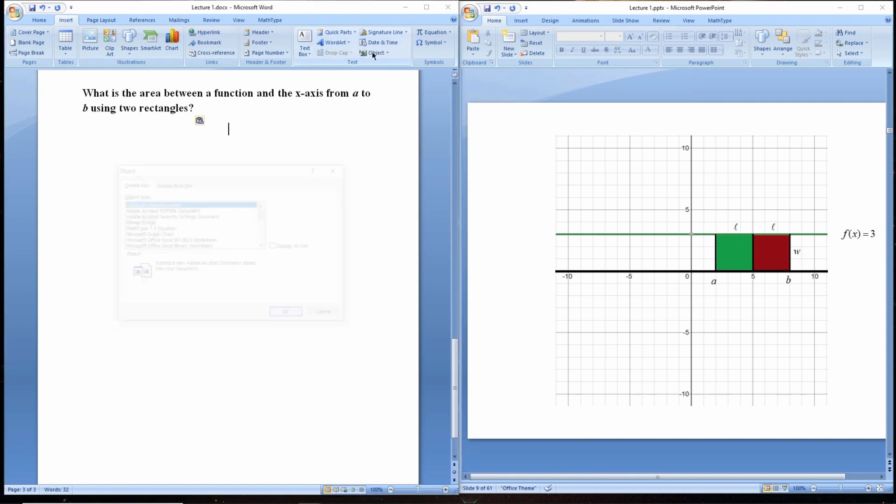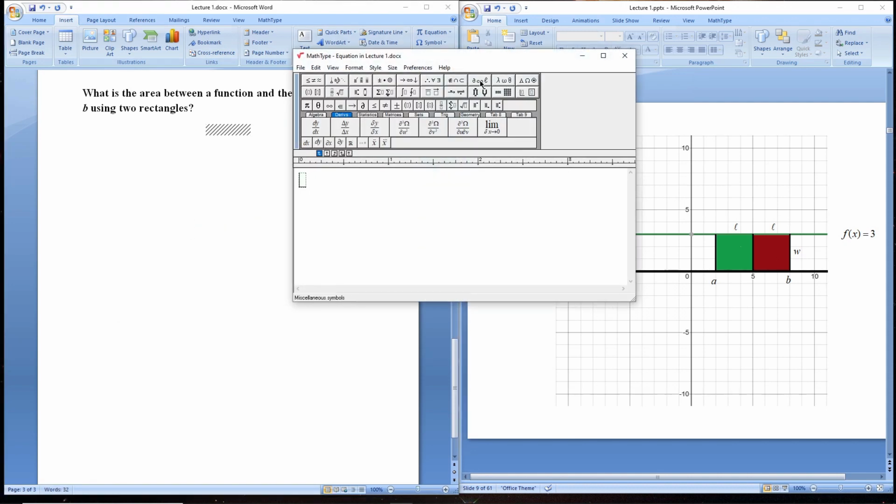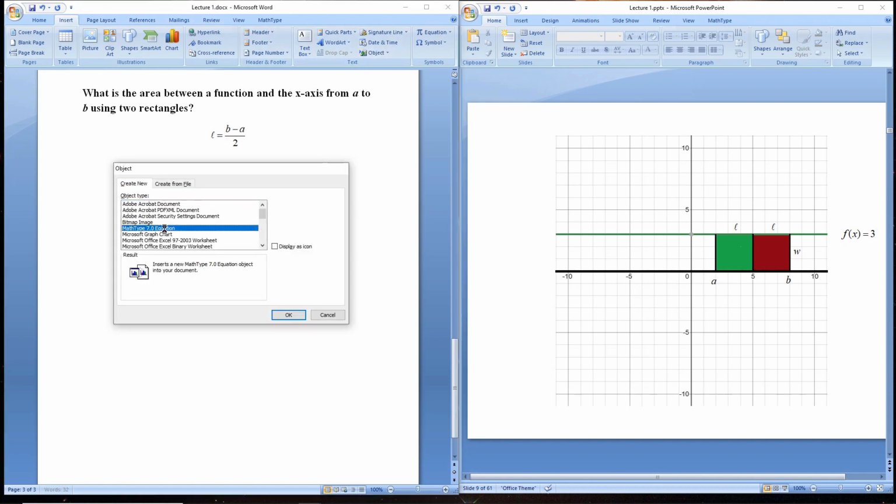So our new expression here for L, now that we have 2 rectangles, would be b minus a divided by 2. And of course, W here is still going to be the function height. And so we can add that in there. That hasn't changed.